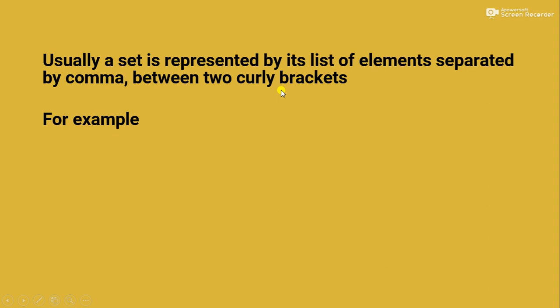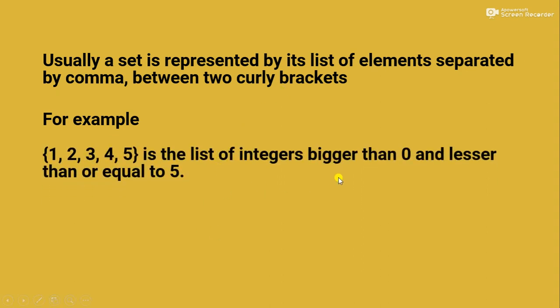For example, we can represent the list of integers bigger than 0 and less than or equal to 5 using a set. Inside the curly braces we write the elements of that particular set.